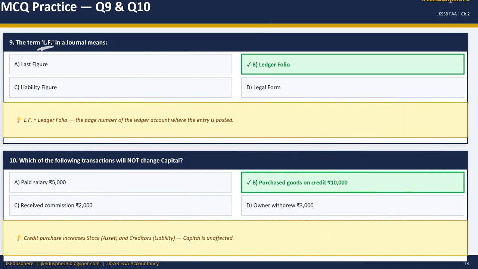So LF means ledger folio, we have seen. So which of the following transaction will not change capital? Okay, so paid salary to the employee: asset is equal to capital plus liability.